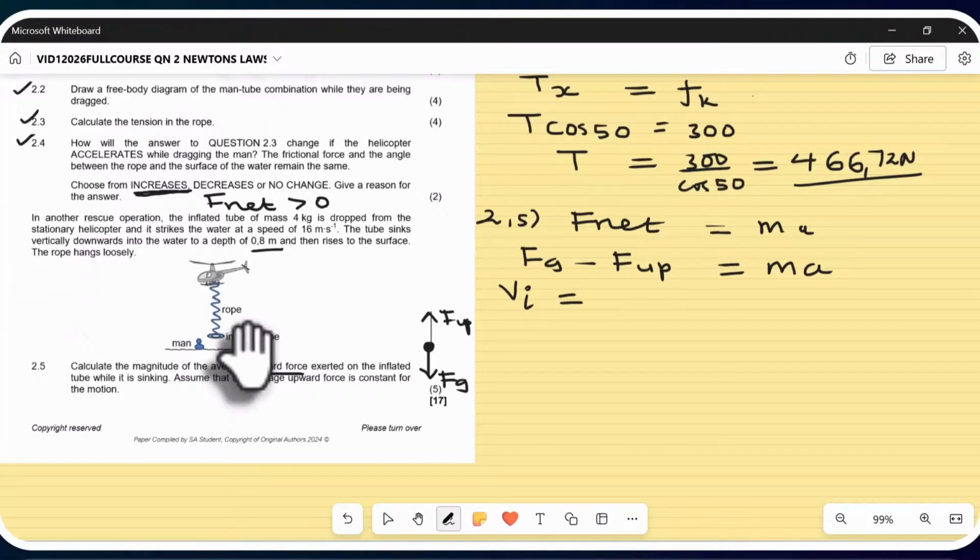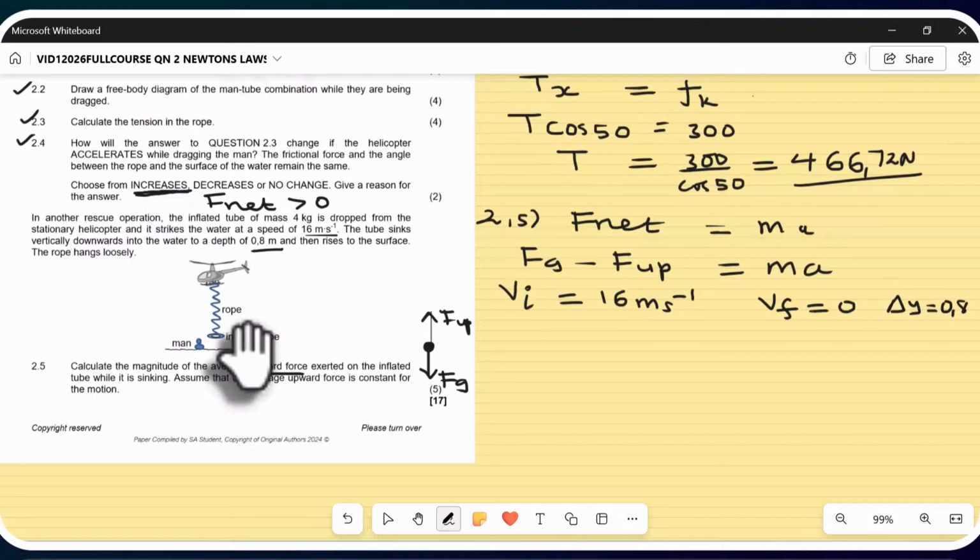So V final is 0, and the change in Y is 0.8. Now we need to first find the acceleration by using V final squared equals V initial squared plus 2a change in Y.